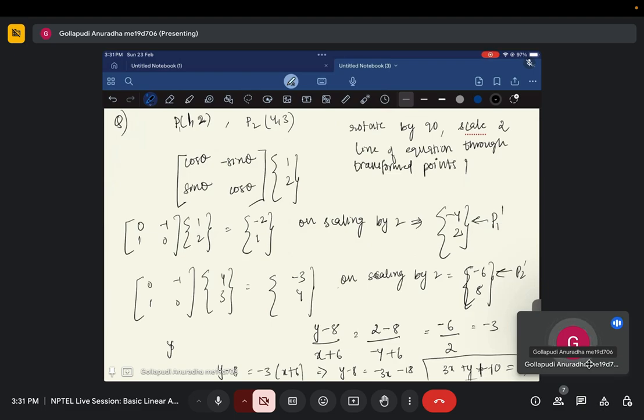If you put minus theta, then cos theta, sin theta will come on one side, and minus sin theta, cos theta on the other side. So for clockwise rotation the matrix changes, while the orientation convention is kept the same. If you just want to change it to minus theta, then it will change. So basically, you can remember this one.